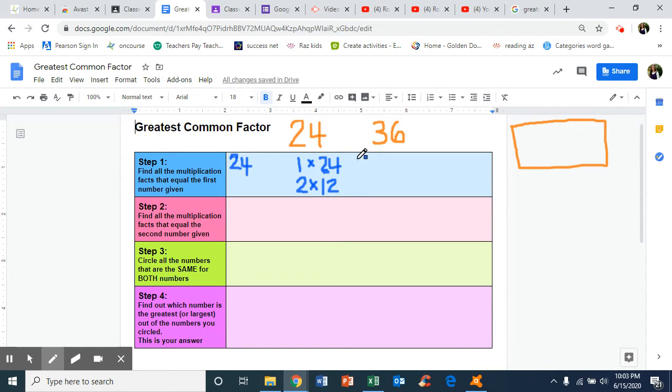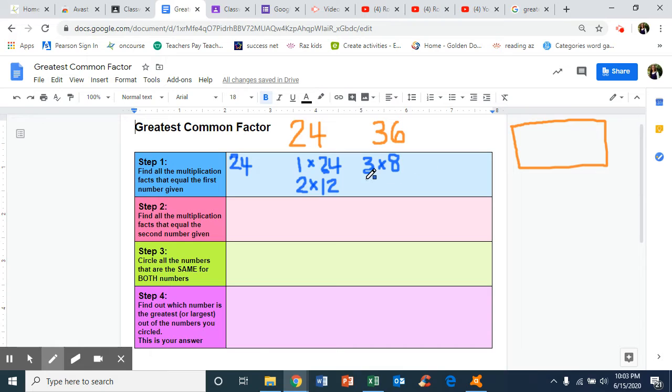Now we would move on to the number 3. And you have to think to yourself each time if there is a number that equals that, because there might not be something that equals 24. But for 3, there is. We have 3 times 8.